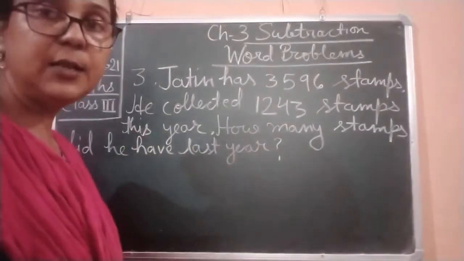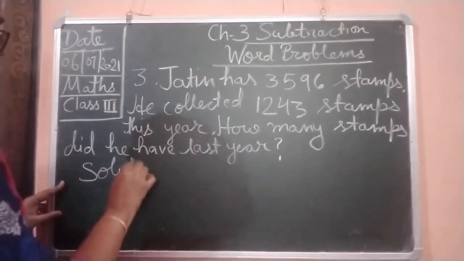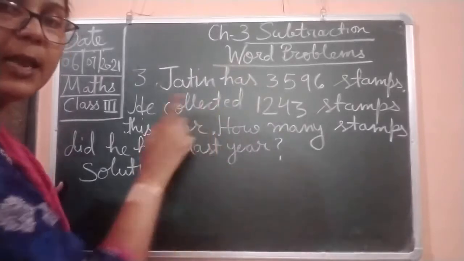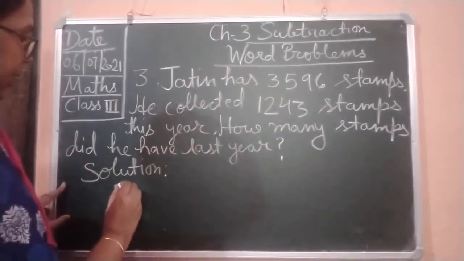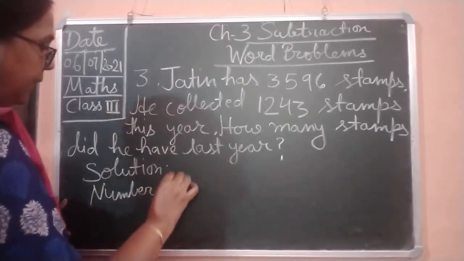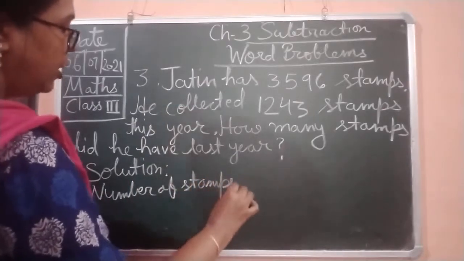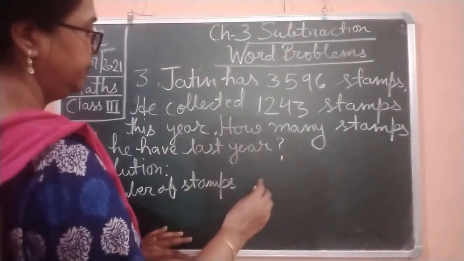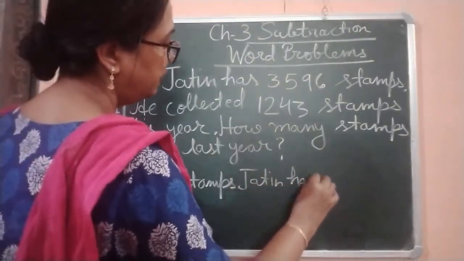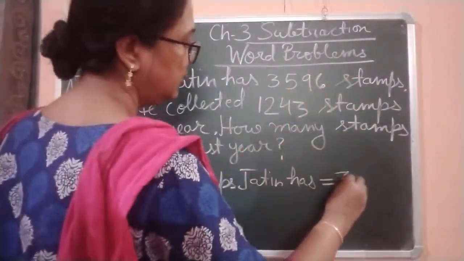So for this we will write the solution. Solution, how can we start? Children, first we will write from the first line. Okay, पहली लाइन से हम लिखना शुरू करते हैं. क्या लिखेंगे? Number of stamps Jatin has, first line, equal to 3596.